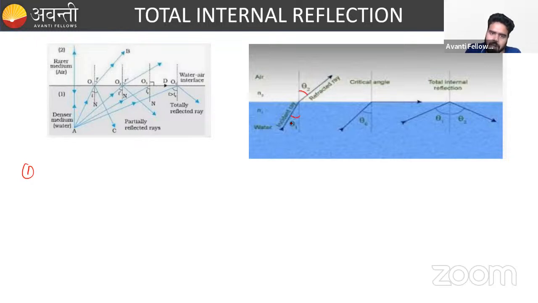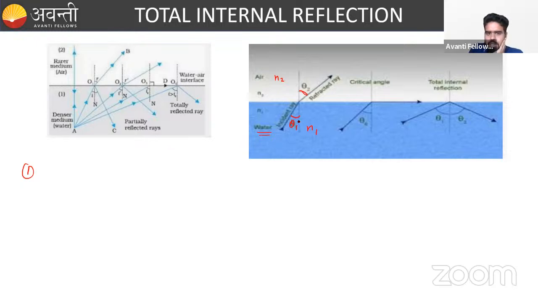At a given angle theta 1, suppose the angle of refraction is theta 2. If this is the denser medium, we consider the refractive index of this medium as n1 and the refractive index of the other medium as n2. So for theta 1, the angle of refraction is theta 2.